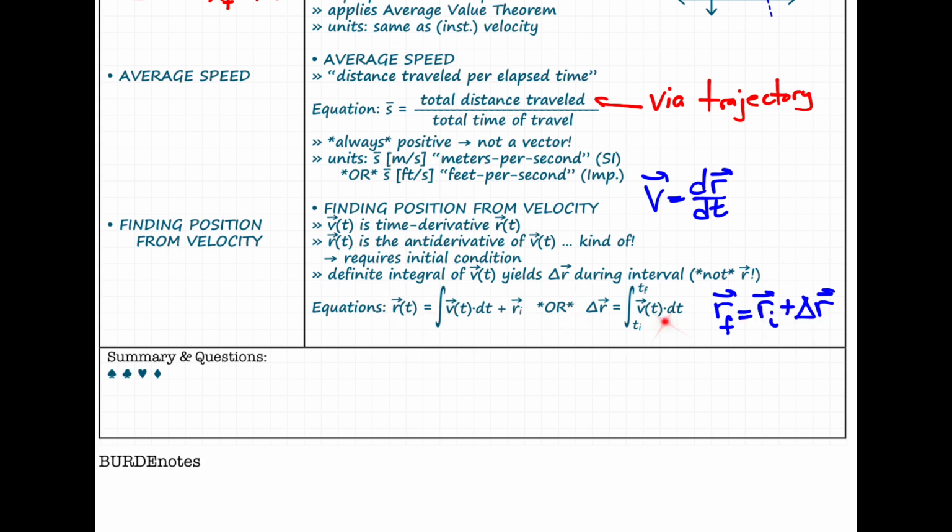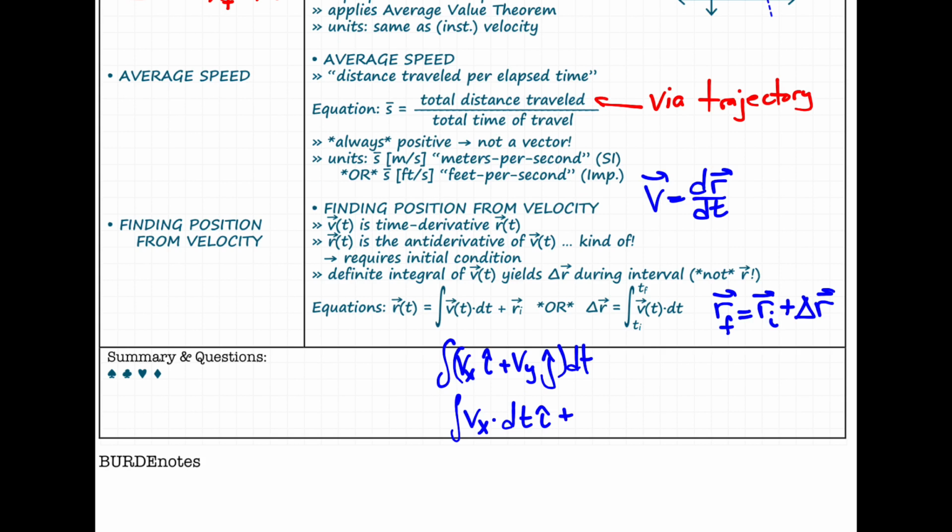Again, this relationship is exactly the same as what you saw in one dimension, where the position x was the integral of the velocity, the x component of the velocity. Each one of these integrals here, you are going to break up into x and y and z components. And when you integrate them, you'll be able to just integrate them all separately.